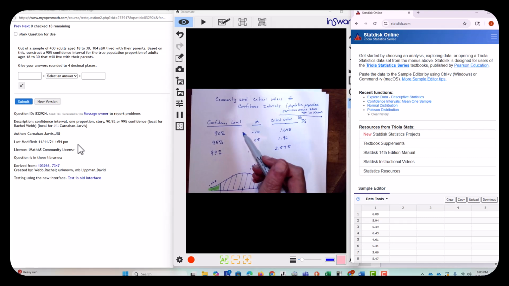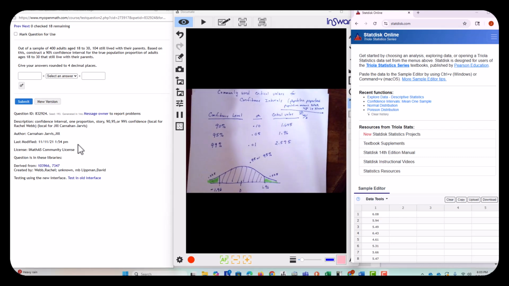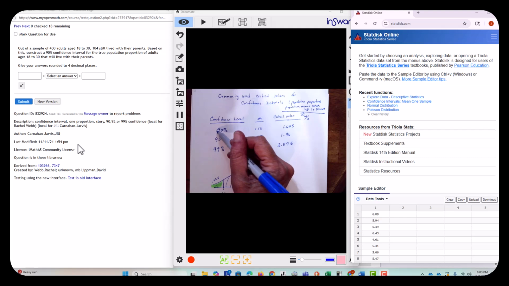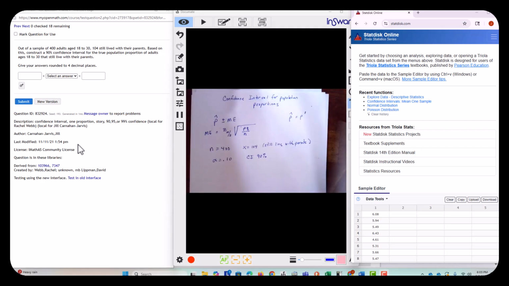You're only 90% confident that the true mean, or in this case the true proportion, is going to fall in there. The higher your confidence level, the wider your confidence interval will be, which is going to have maybe some extreme values in it.